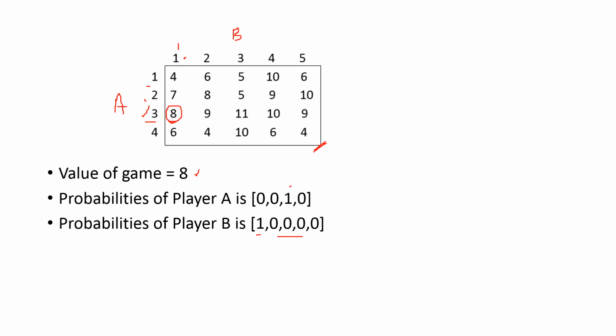If no dominance, check with the next row and so on. After that, go for the column reduction, which means you check greater than or equal to. Then again row reduction, column reduction, and at last you get the value of the game. This is for the pure strategy game.